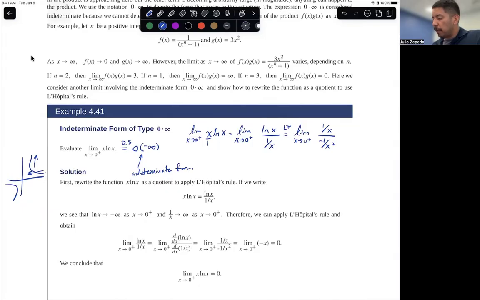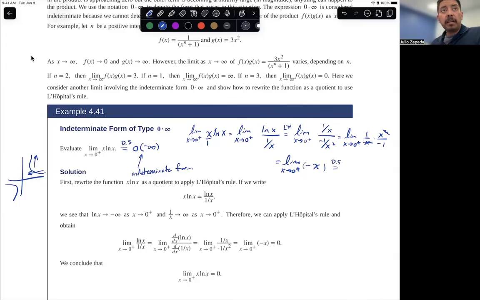We know a fraction divided by a fraction is just the first fraction times the reciprocal of the second. And so this is equal to the limit as x approaches 0 from the right of, let's see, one of these x's will cancel with one of these x's, and so we get negative x. And here we can now do direct substitution.